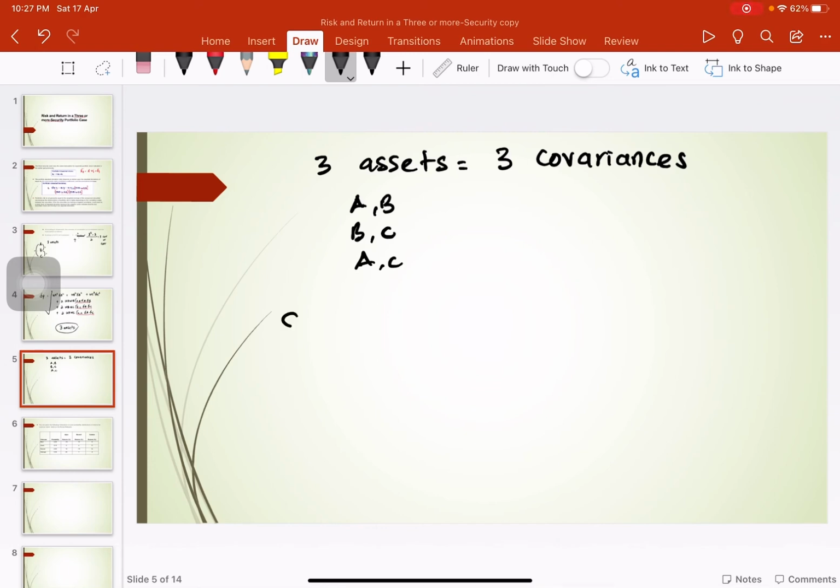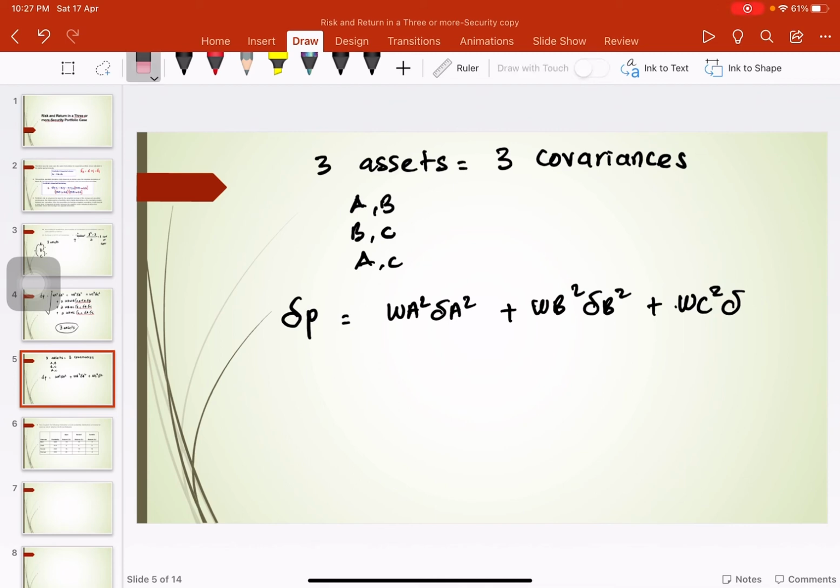So the formula of the standard deviation of the portfolio if we use covariance, yang depan maintain sama: weight A squared variance A, plus weight B squared variance B, plus weight C squared variance C. And then plus, kat bawah, 2 weight A, weight B, covariance AB.